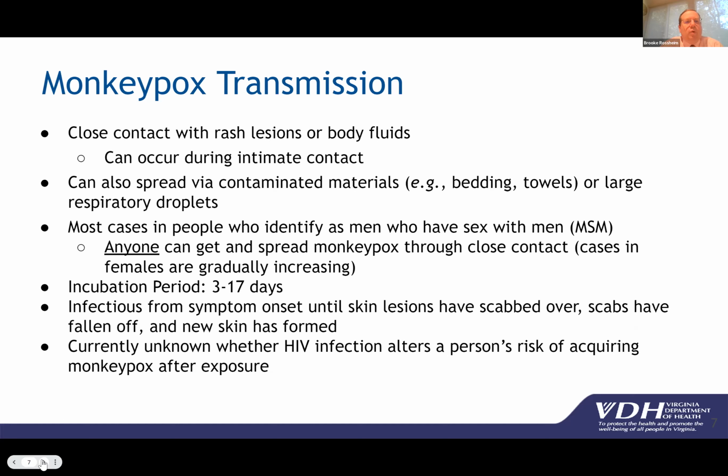For example, one way that a child could get monkeypox is if a parent or someone holding the child has a monkeypox lesion that rubs up against the skin of the child and nothing sexual at all happened. So the transmission of monkeypox does not necessarily need to be by sex.